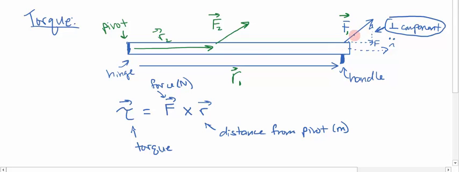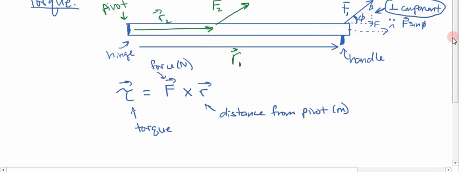And you can see if there's an angle, let's call that phi, between this line that goes from the pivot to where the force is applied, which would be this horizontal line in this case, and the force, then this component over here would be F times the sine of phi. Okay, so we would just want this component of it.